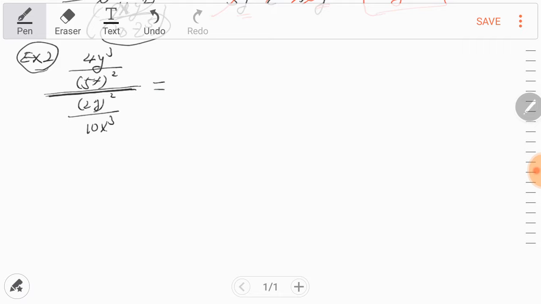Then this is equal to, you can apply the rule, or you can write the numerator multiplied by, since this is divided by something, once we make this a multiplication, the reciprocal of the denominator. So the reciprocal is 10x cubed over 2y squared, switching these two.